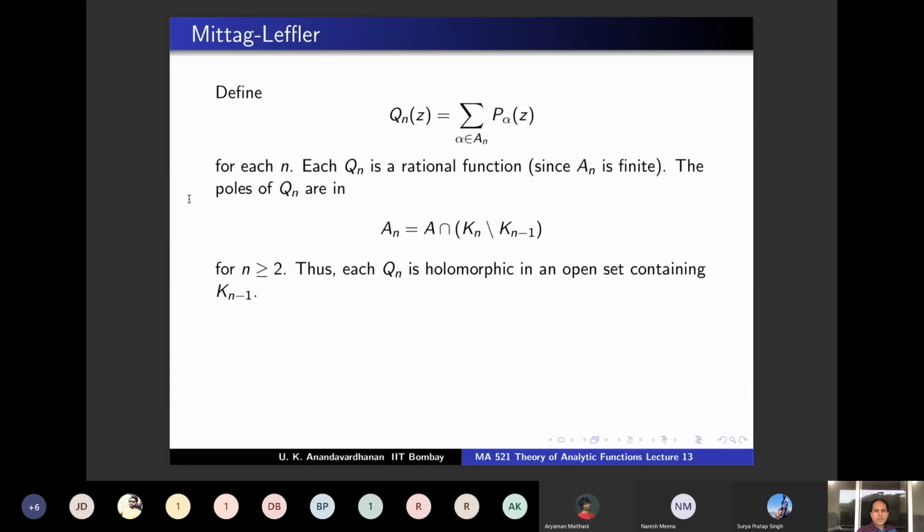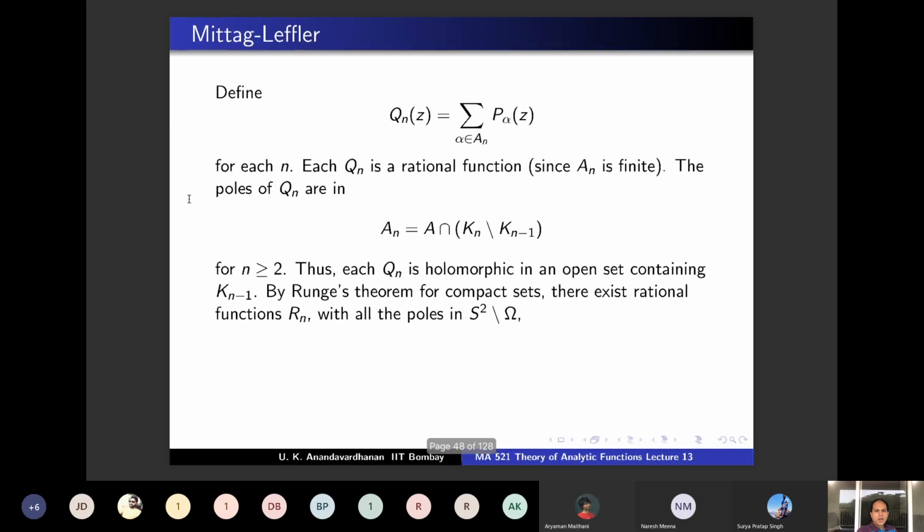So each Qn is holomorphic in an open set containing Kn minus 1, and this is like Runge's theorem for a compact set. If you have a function holomorphic on an open set containing a compact set, you can approximate it by rational functions whose poles are prescribed from S2 minus the compact set. So by Runge's theorem, there exist rational functions Rn with all the poles in S2 minus omega.